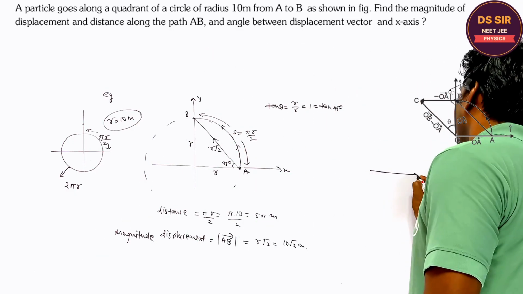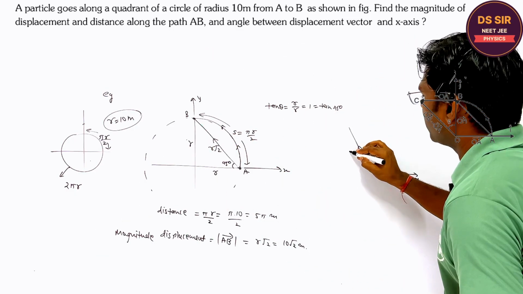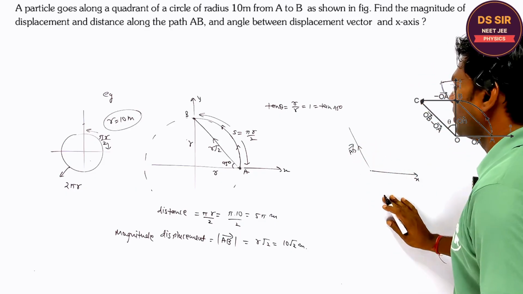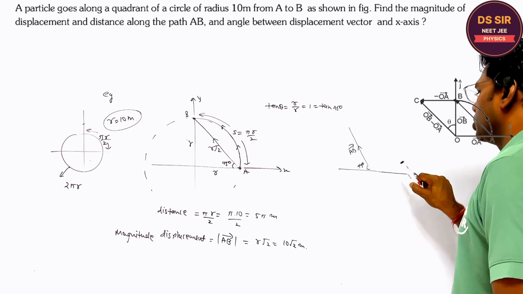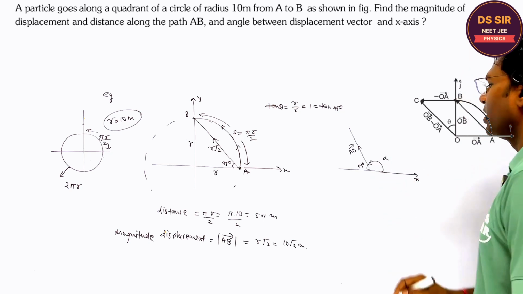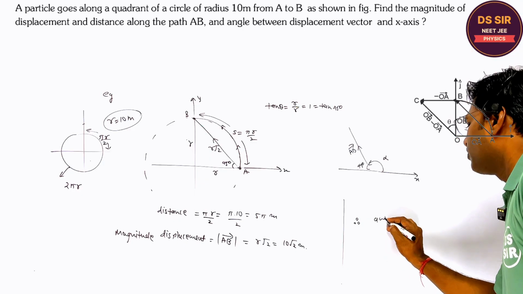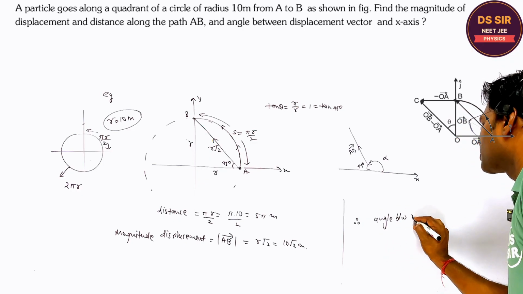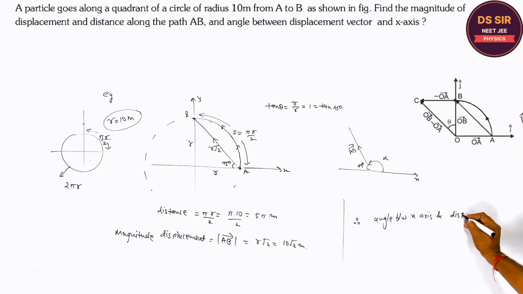So this is the x-axis and this is the displacement vector AB, or you may write it as r. So this angle is 45 degree, and this is the x-axis. What is this angle? Alpha. Therefore, the angle between x-axis and displacement is nothing but 135 degree, right?